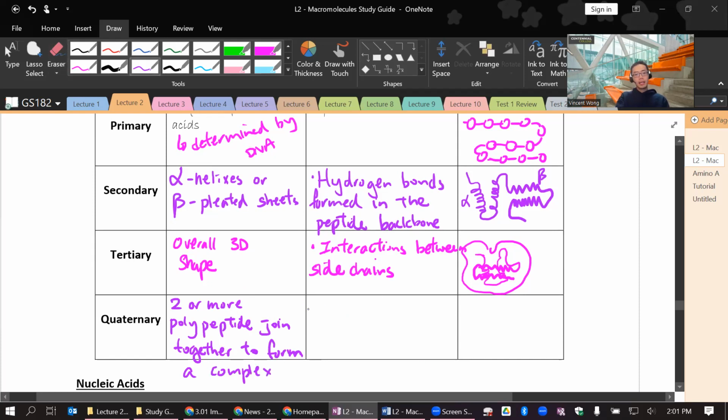And this would be held together by interactions between polypeptides.